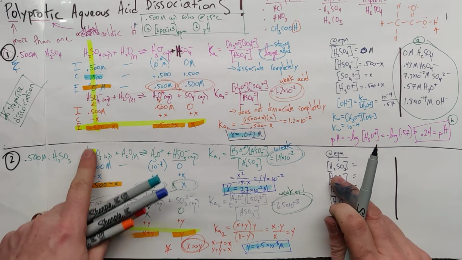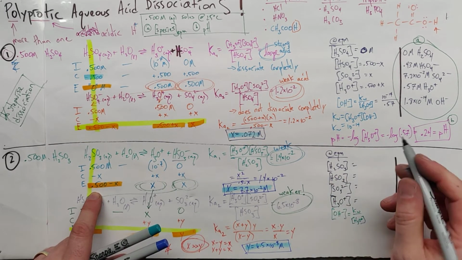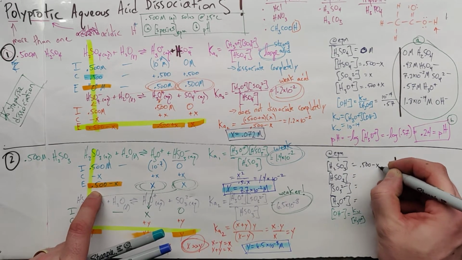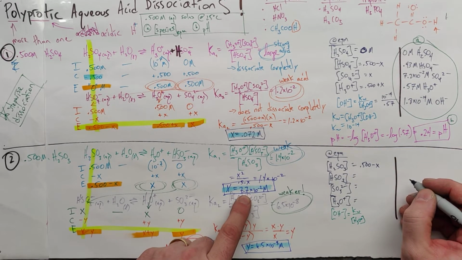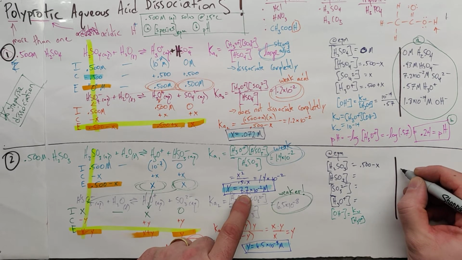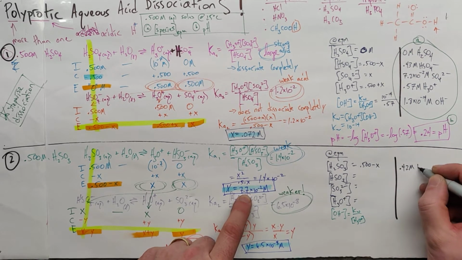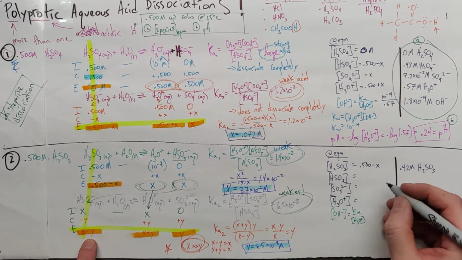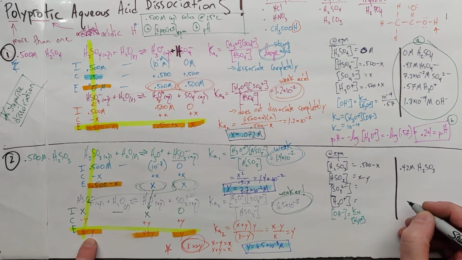Our H2SO3 is supposed to be, did I say all of it? It's not all of it. 0.500 minus x, and x is 0.077, so we should end up with about 0.42 molar H2SO3. All right. Our HSO3 minus is supposed to be x minus y, but x is way bigger than y, right?